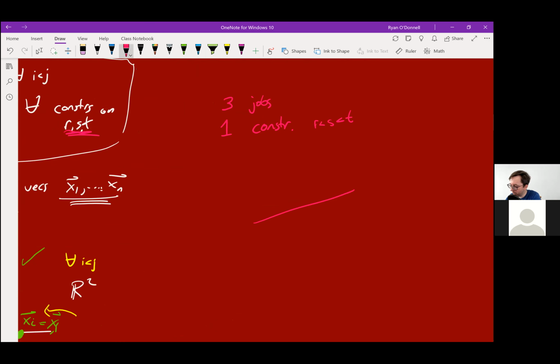And okay, so then maybe we solve this semi-definite program and get some vectors X. Let's say there's only 3 of them. So X_R vector, X_S vector, and X_T vector.